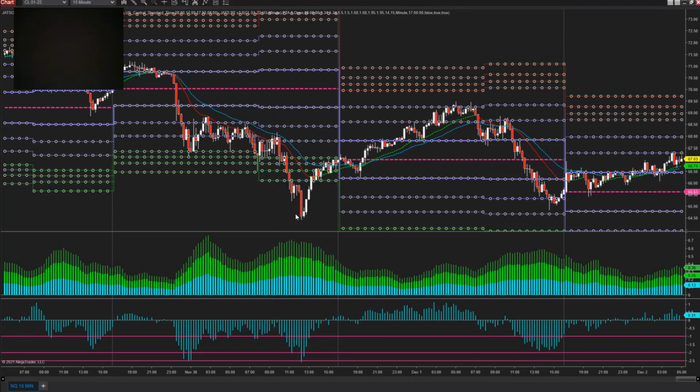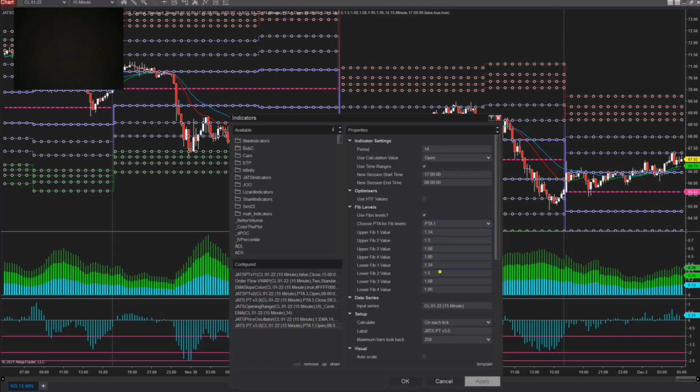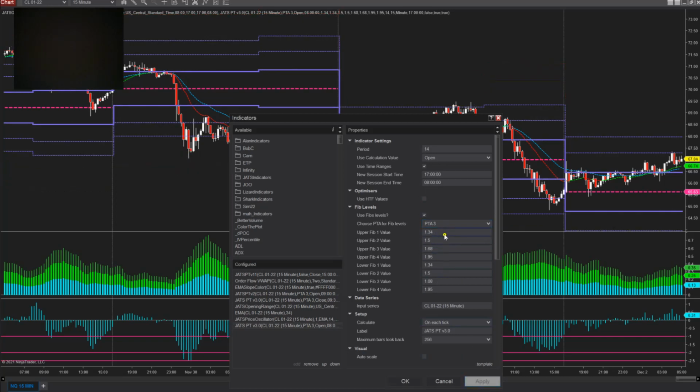So nighttime, I usually don't like giving real wide tails. I don't know why this is messed up. Let's just do this.